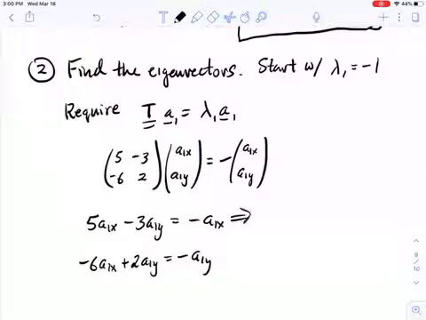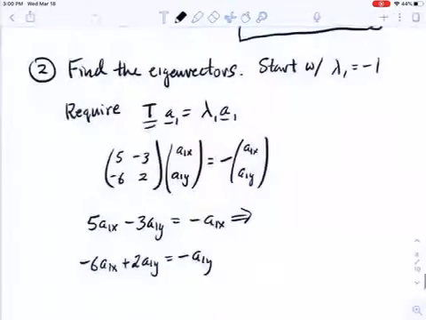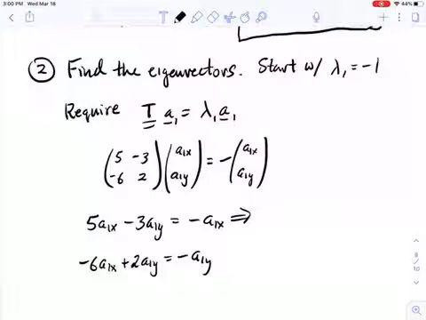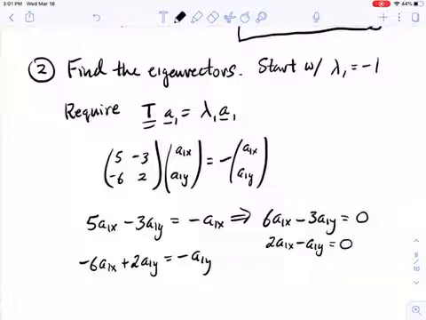Okay, so let's see, we have A1x on both sides, so let's add A1x, and so we get 6A1x minus 3A1y is equal to 0. Suppose we divided by 3, we would get 2A1x minus A1y is equal to 0.